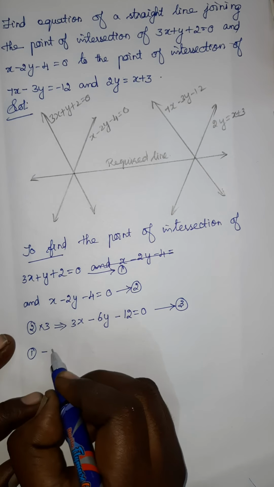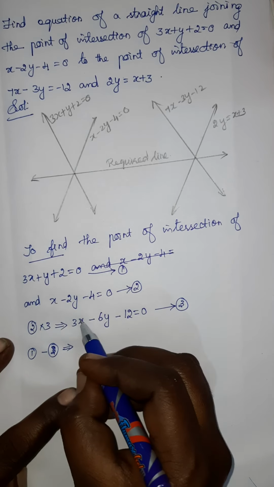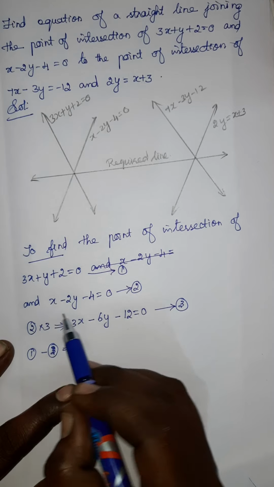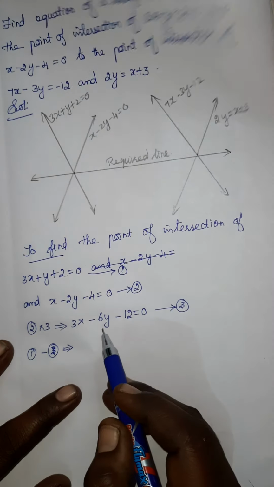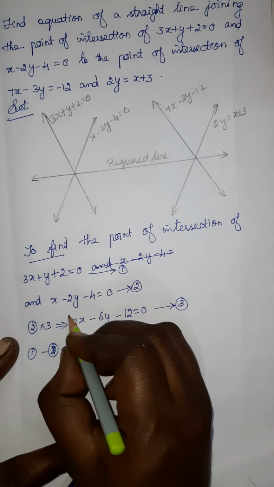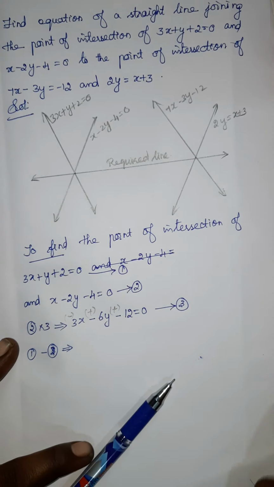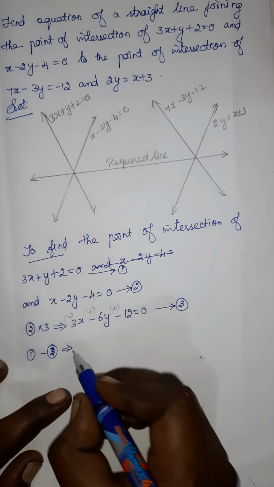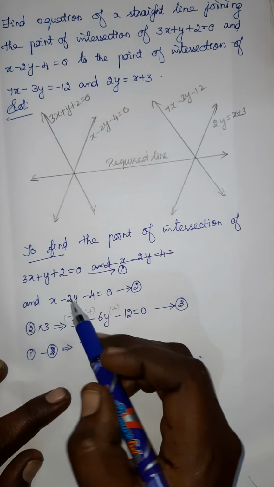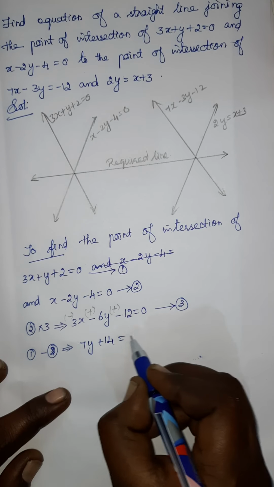Now equation 1 minus equation 3, which implies 3x minus 3x is 0. Next y minus of minus 6y, we change the sign, so y plus 6y is 7y. Next 2 plus 12, it is plus 14 equal to 0.